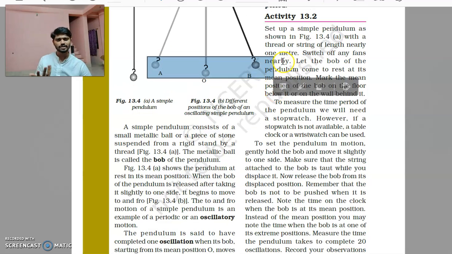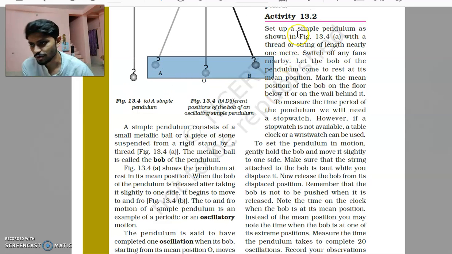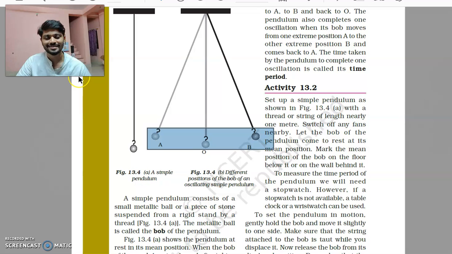So we may wonder, okay, but how can I calculate time in this? How can I calculate time? So maybe in your coming standards, you will learn that the time it takes to move from one point to another point is fixed by the length of the pendulum. Depending on how long a string you took, the time of the movement from A to B is fixed.